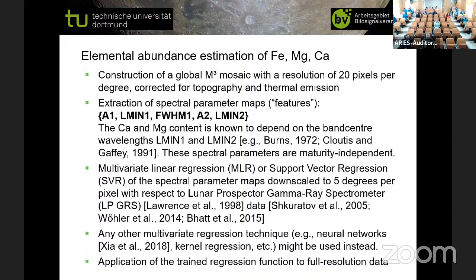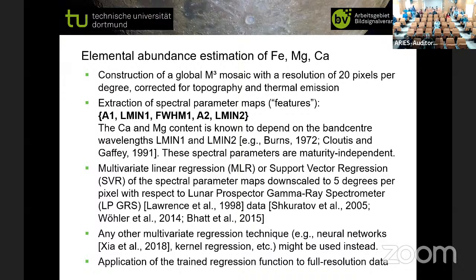One can say that, for example, the calcium and magnesium content of the lunar surface depends on the center positions of the two absorption bands that I've shown. And it's not fully physically understood how they depend, though.